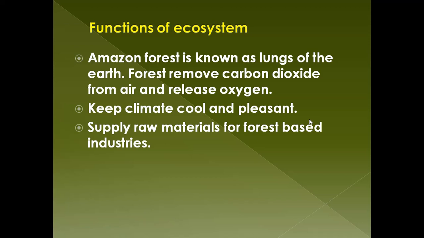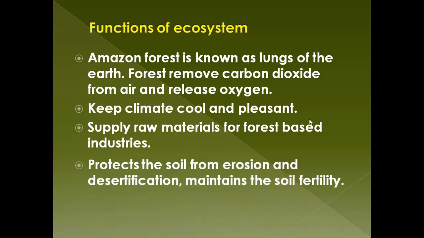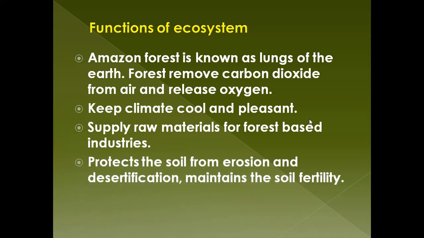The functions of the ecosystem further include supplying raw materials for forest-based industries like the paper industry, and the industries dealing with furniture making, which get their raw material from the forest. And not only that, even the medicines we get from medicinal plants are raw material for the medicinal industries.